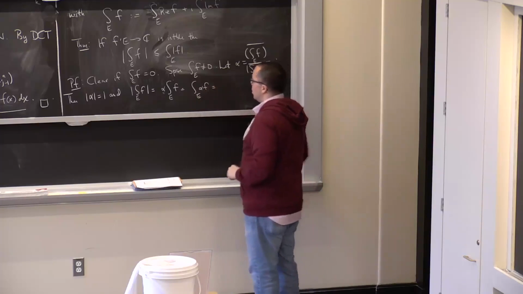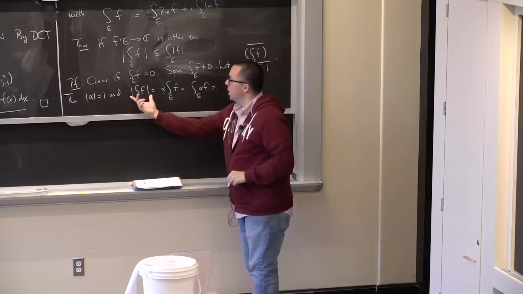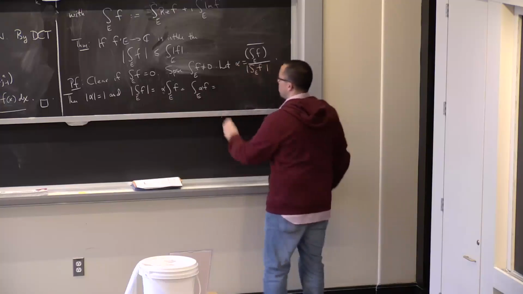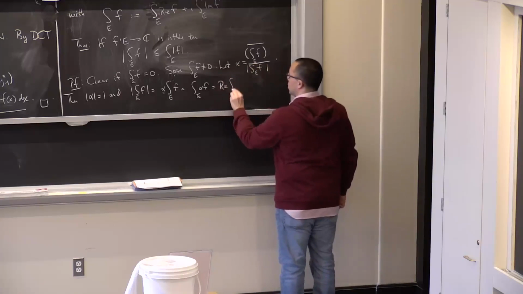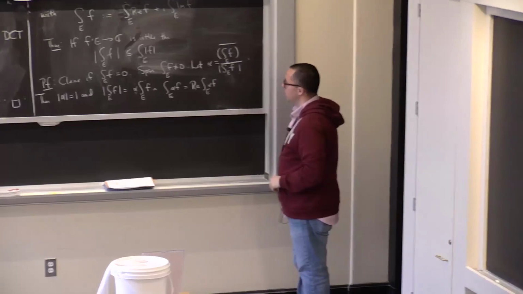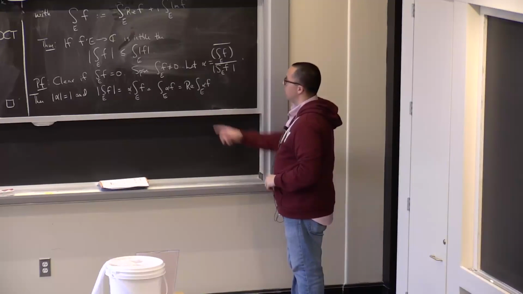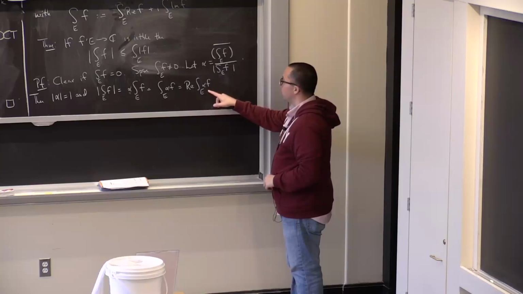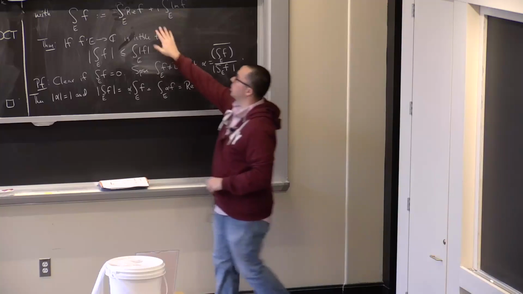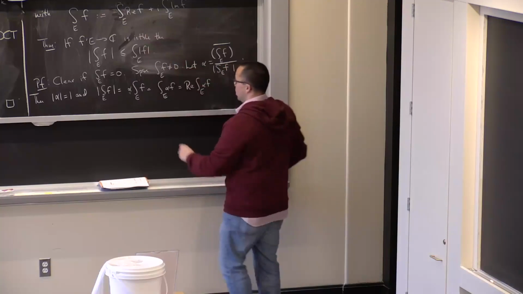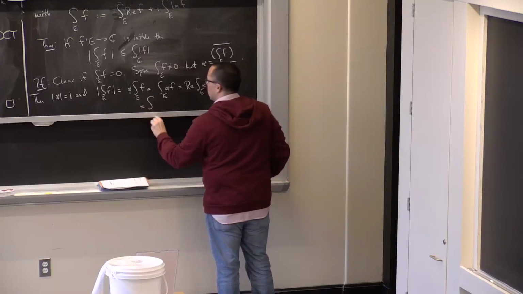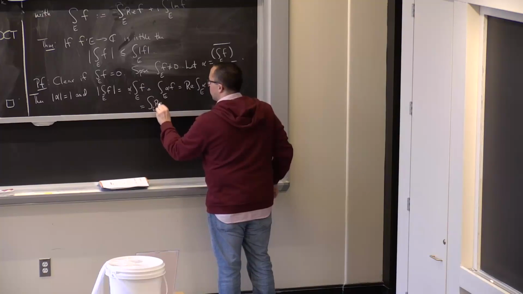And now this thing is equal to a real number, so it's equal to its real part. And now the real part of the integral is equal to the integral of the real part, just by the definition, right? So this is equal to the integral of the real part of alpha times f.